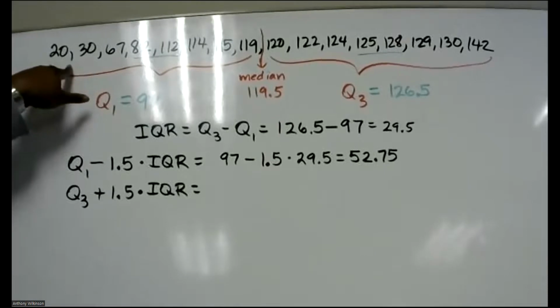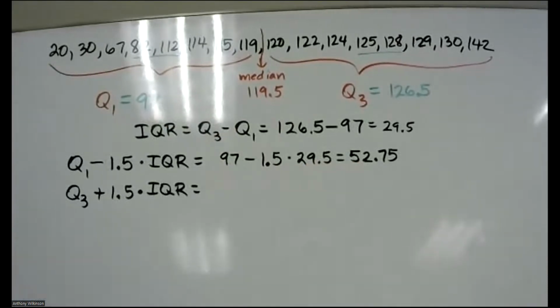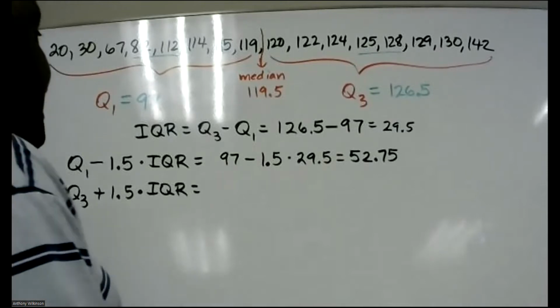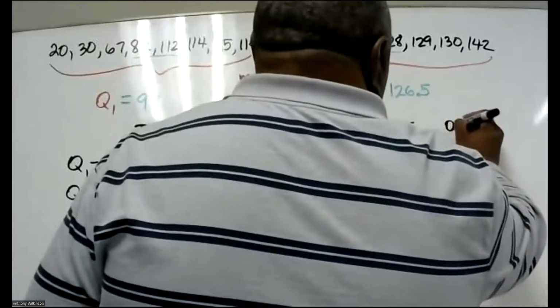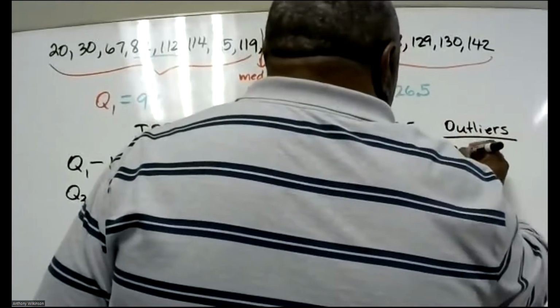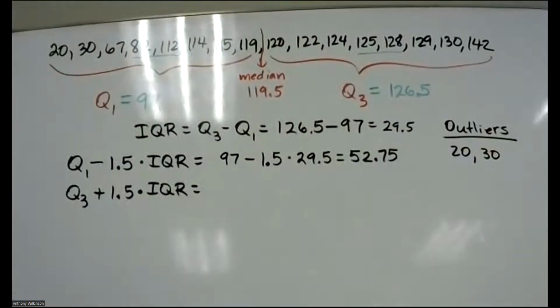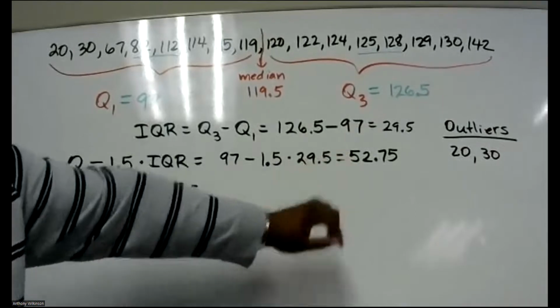So that means the 20 and the 30 are outliers. So off to the side here, I'm going to say what my outliers are. That's 20 and 30, because both of those data values are less than 52.75.